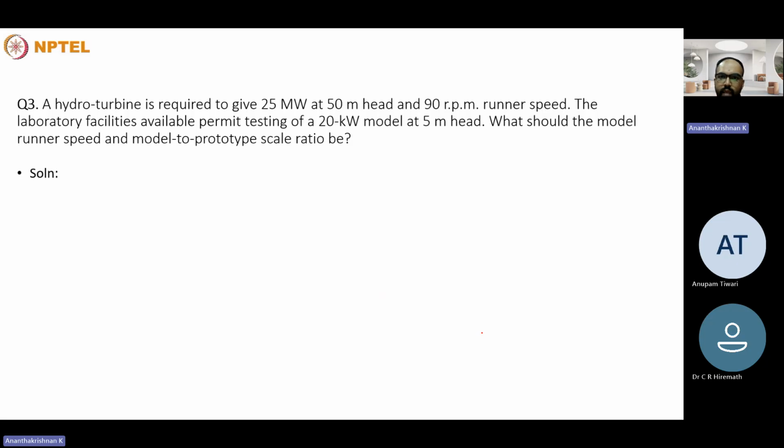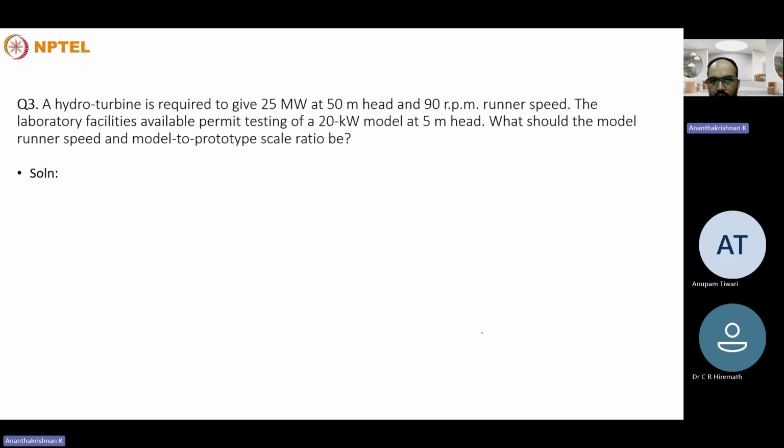So what we do is that we make a model of it and use some dimensionless parameter to bring an equivalence between the model and the prototype. So the final results of the model using equivalent parameters should simulate a similar performance of the prototype. So some kind of comparison has to be made, or some kind of an equivalent parameter has to be established before you do the test for the model.